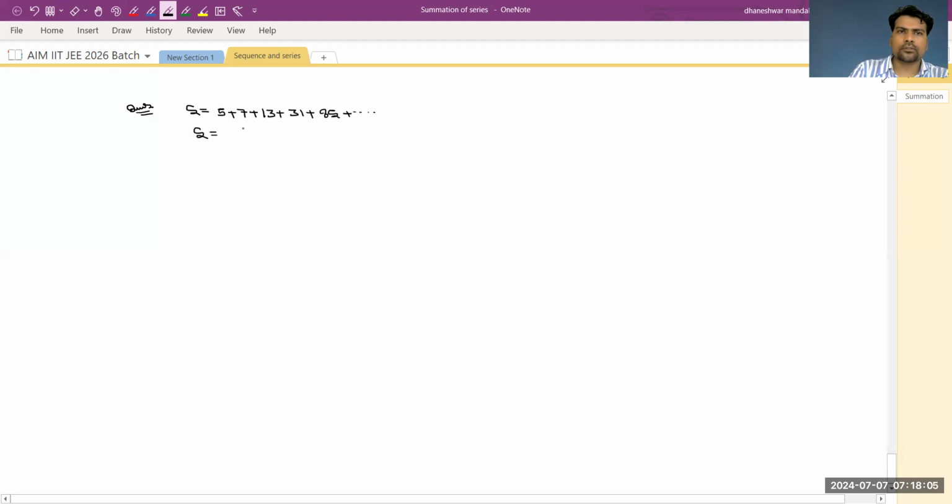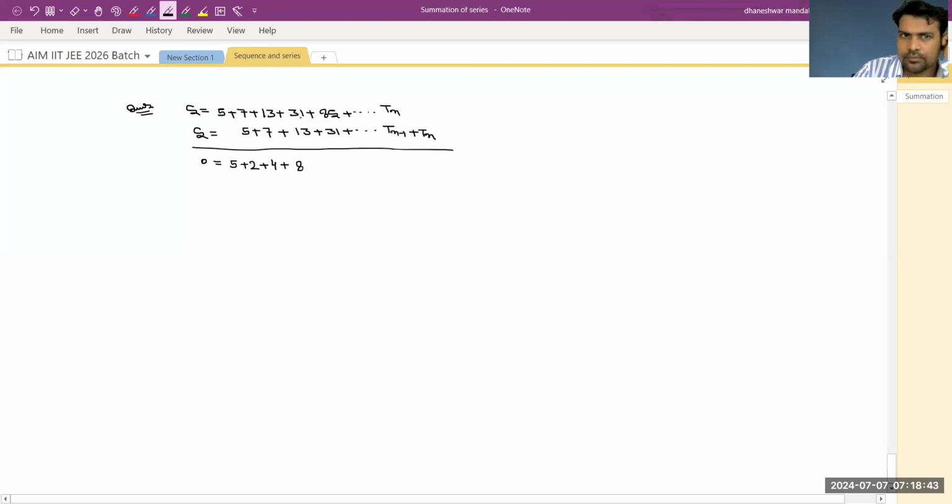If I subtract S from here, then 7 is there, 13 is there, and 31 is there. In the similar way, we have Tn minus 1 and Tn. If I subtract these two terms, 0 is there, then 5, then 2. If I subtract these two terms, 4, and then again we have 8, 13, 20, 31 is there. So 5 is there, and here we have 2.